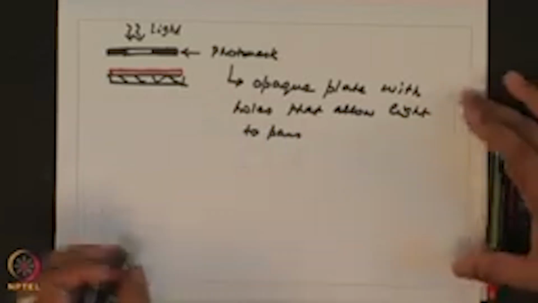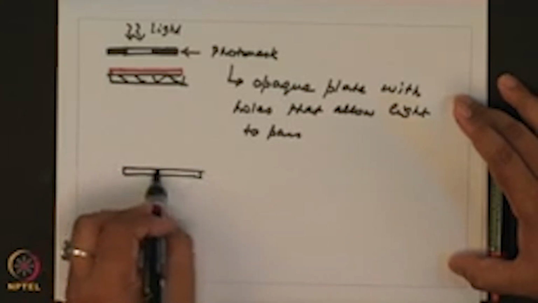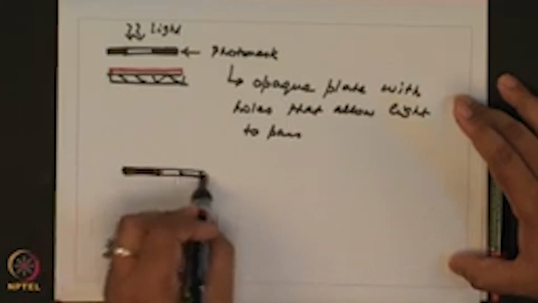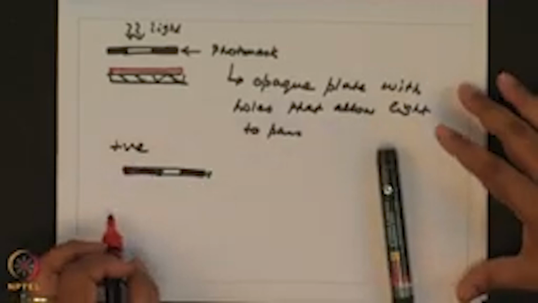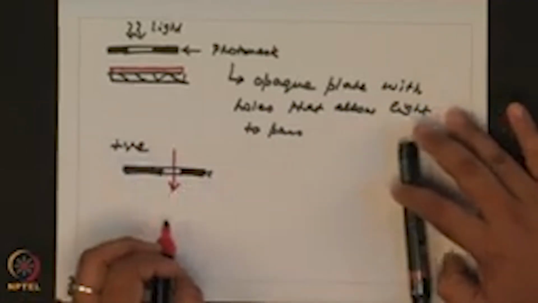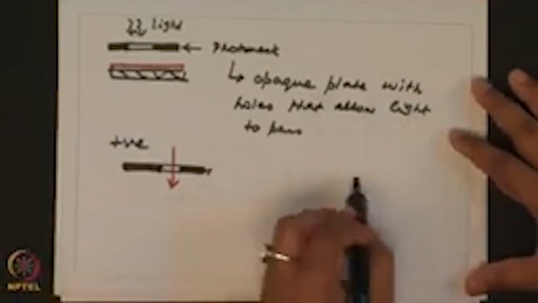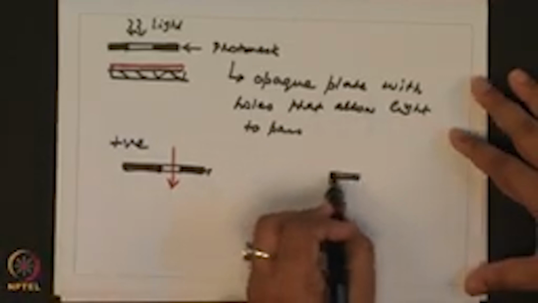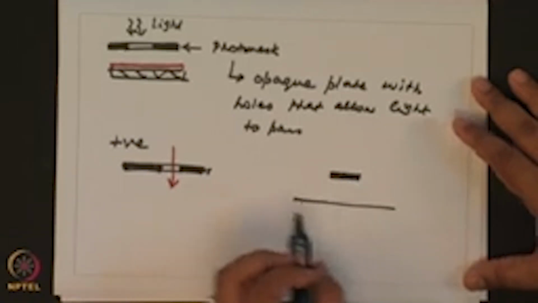For a positive photo mask, if you go back to the example earlier, if this is your positive photo mask, then your light is going to pass through this. In case of your negative photo mask, you only have the centered zone, and the surroundings will allow light to pass.